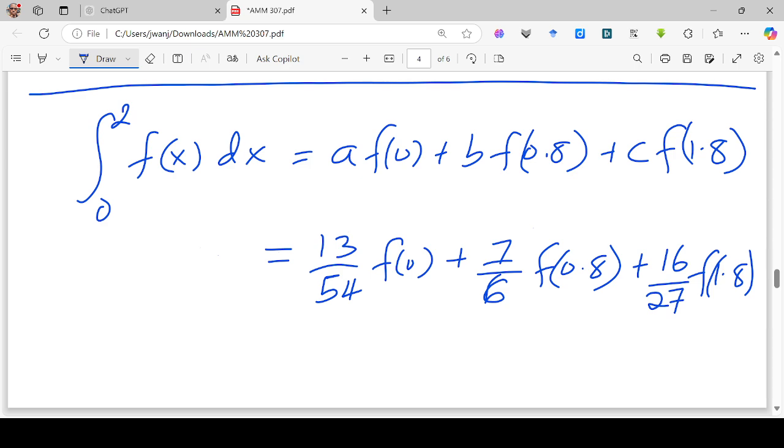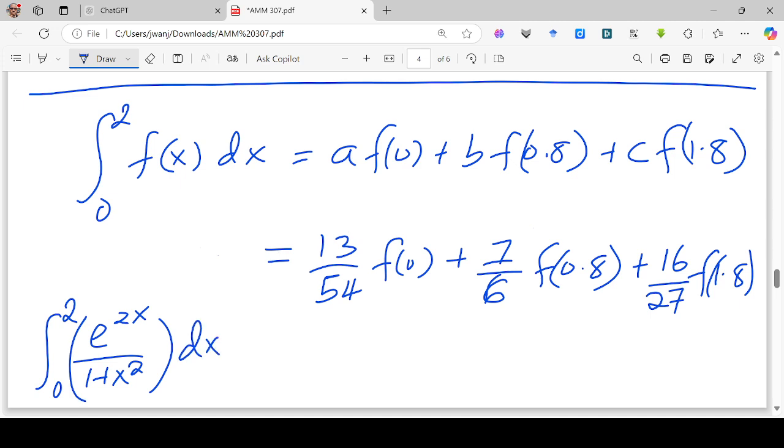So now you may be asked to evaluate an integral using this method. Maybe you are given an integral from 0 to 2 of e raised to power 2x divided by 1 plus x squared. All you need to see is that our function is e raised to power 2x divided by 1 plus x squared.